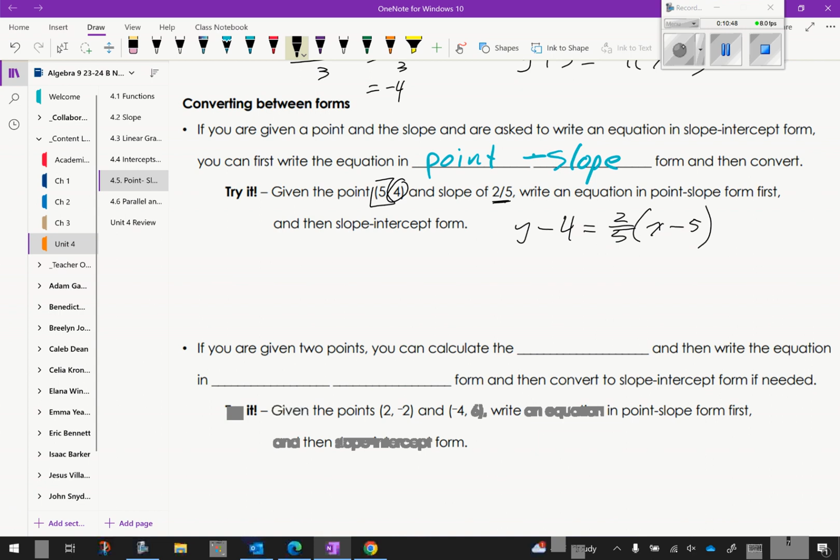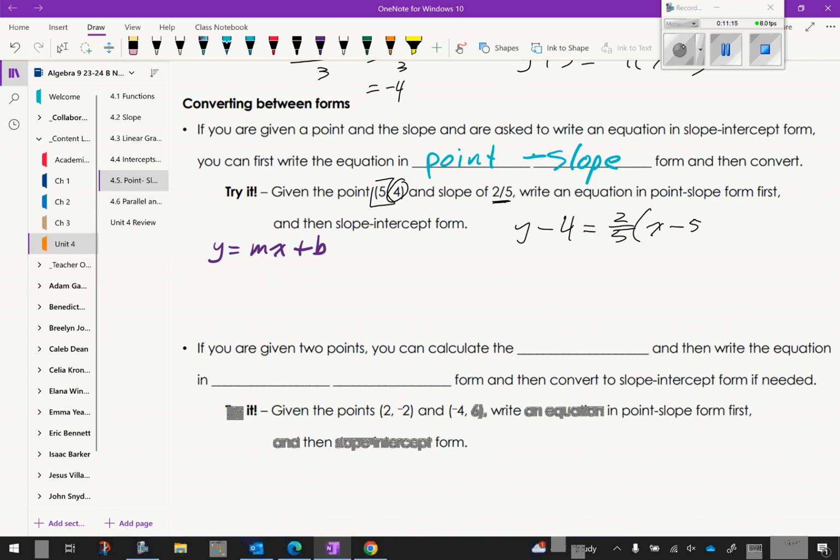Now, if you think back to, we talked about slope-intercept form, looks like y equals mx plus b. Notice here, in point-slope form, we have 1, 2, 3, 4, 5 different parts to it here, whereas in slope-intercept, there's only 3 terms.